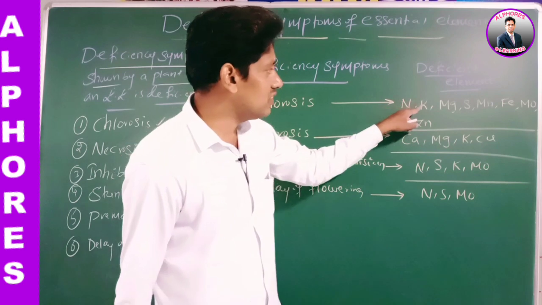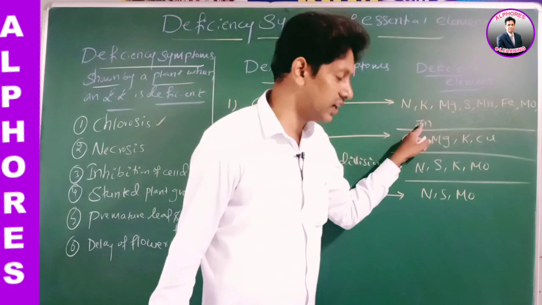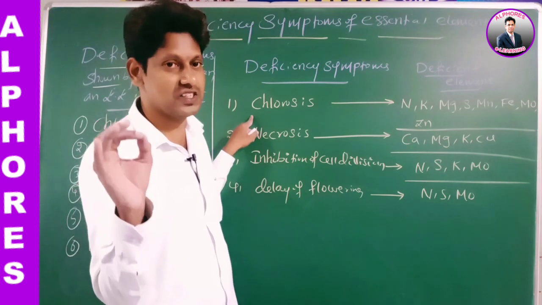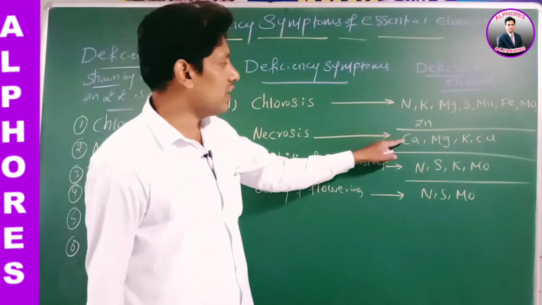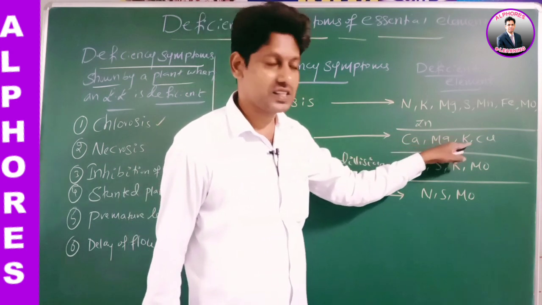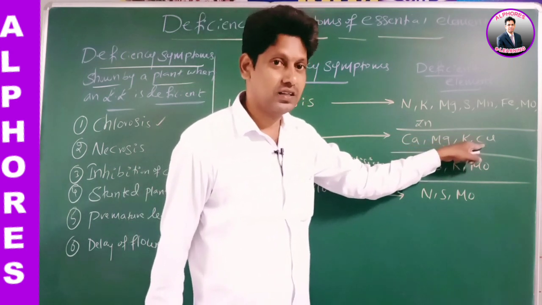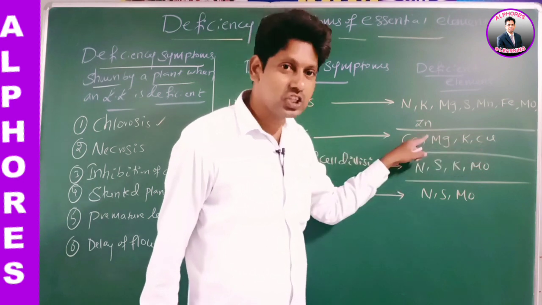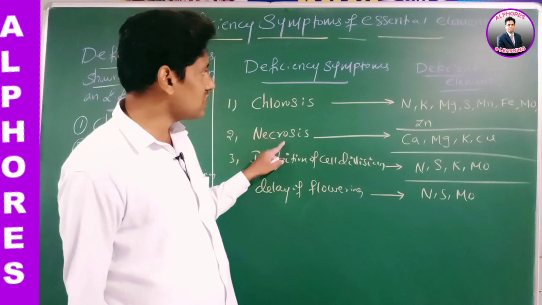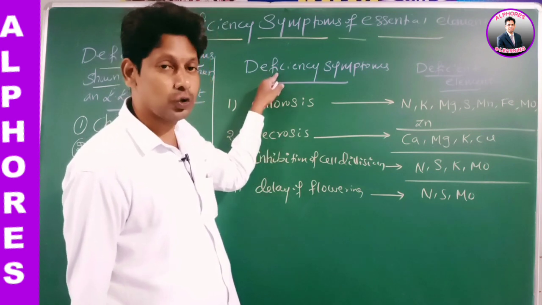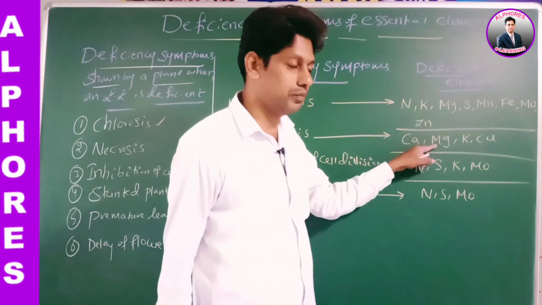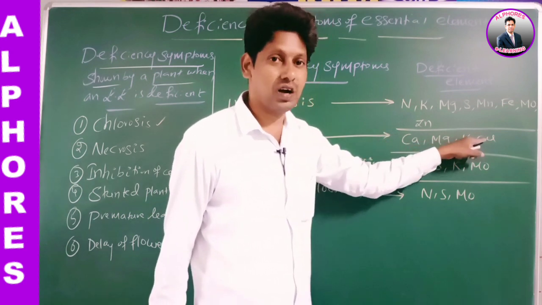If calcium, magnesium, potassium, sulfur or copper becomes deficient, you are going to see necrosis.